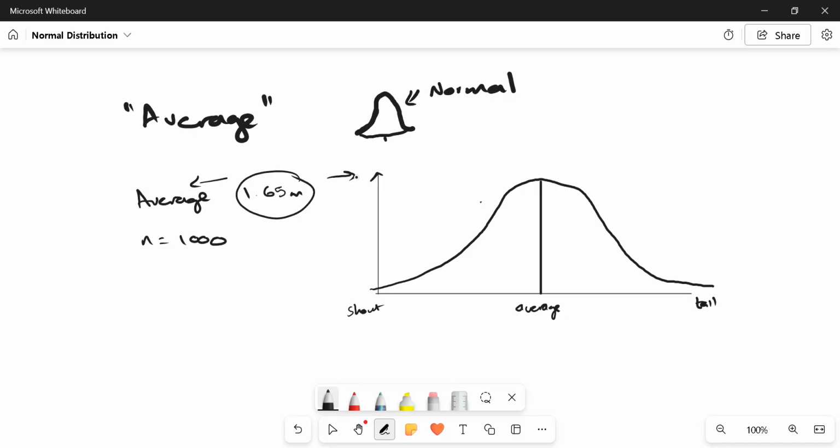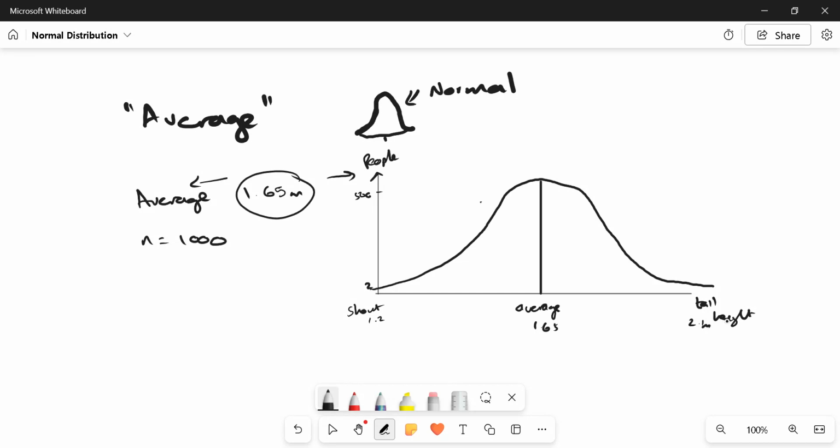So let's say this is the total number of people, and we could say that's two increasing to 500, and then going back down that way. And on the side here, the average height was 1.65, in which case it can reach all the way down to, let's say, 1.2, and all the way up to maybe 2.1 meters, the rare case of someone who's really tall.